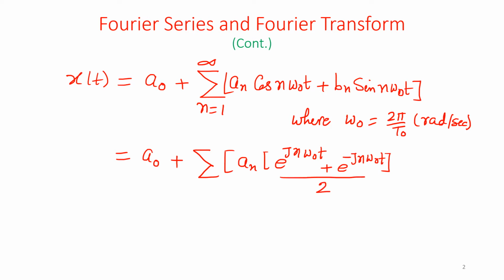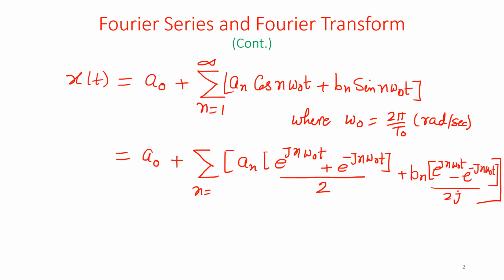because cos theta equals e to the power j theta plus e to the power minus j theta upon 2, by Euler's theorem. Similarly, the second term, bn times e to the power j n omega naught t minus e to the power minus j n omega naught t upon 2j. Don't forget to add this j. So this is your second term.